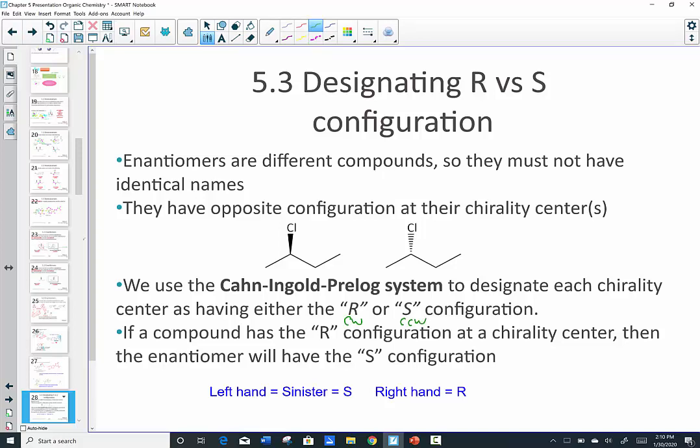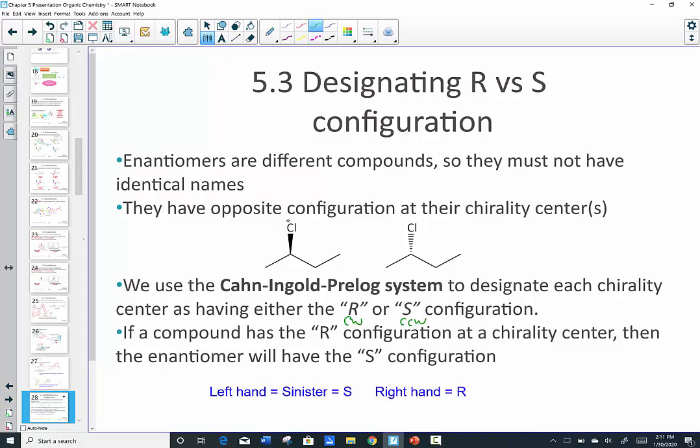If the R configuration at a chirality center, its enantiomer will have the S configuration. The reason we use S is it's from the Latin term sinister, which literally means left hand. It's Latin for left. So sinister S, R for right hand, clockwise and counterclockwise spin.